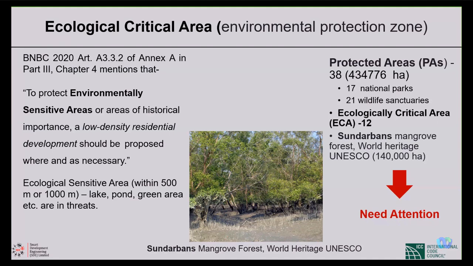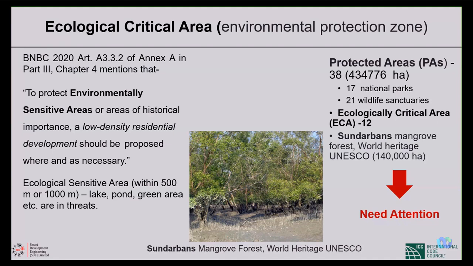So protected areas, ecological sensitive areas, we have to understand what is meant by that. In an ecological critical area, the environment in that particular area, it may be wetland, it may be forest, it may be a lake, is in danger, already degraded. We need to take care of it.